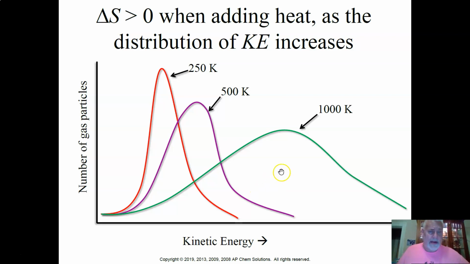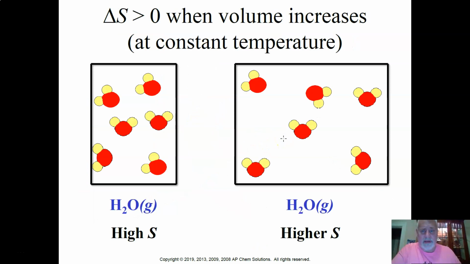We talked a little bit about standard deviation in our last lab. This one has a much higher standard deviation. They're all over the place. So two things happen. Their average is higher and their standard deviation is higher as you increase energy and randomness. Okay?